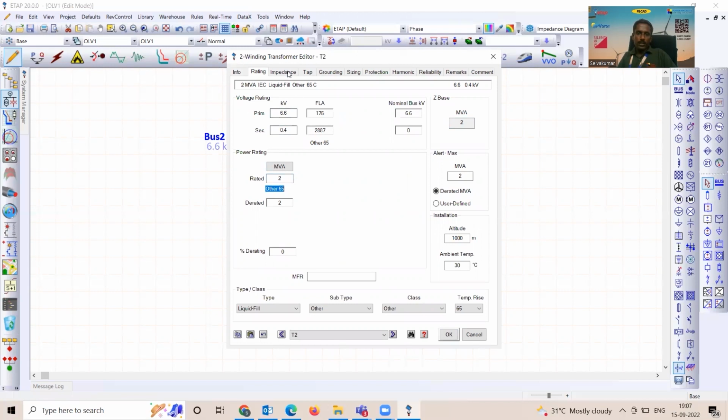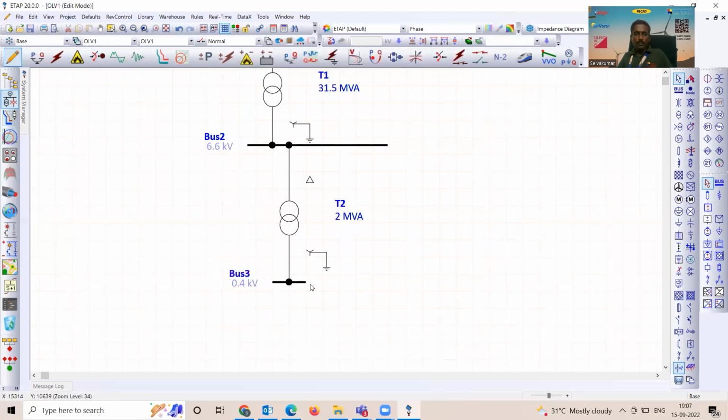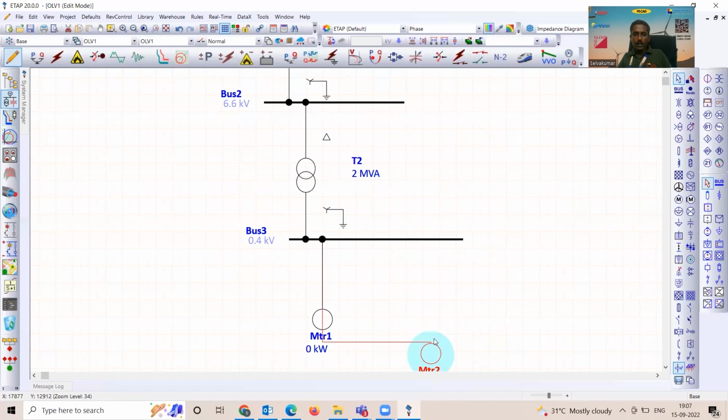Let's take maybe a 2 MVA transformer. So let's probably pick up two motors, one motor with an LSIG release, another motor maybe with a thermal magnetic release. Let's look at what could be the difference and what are the challenges which we can face.